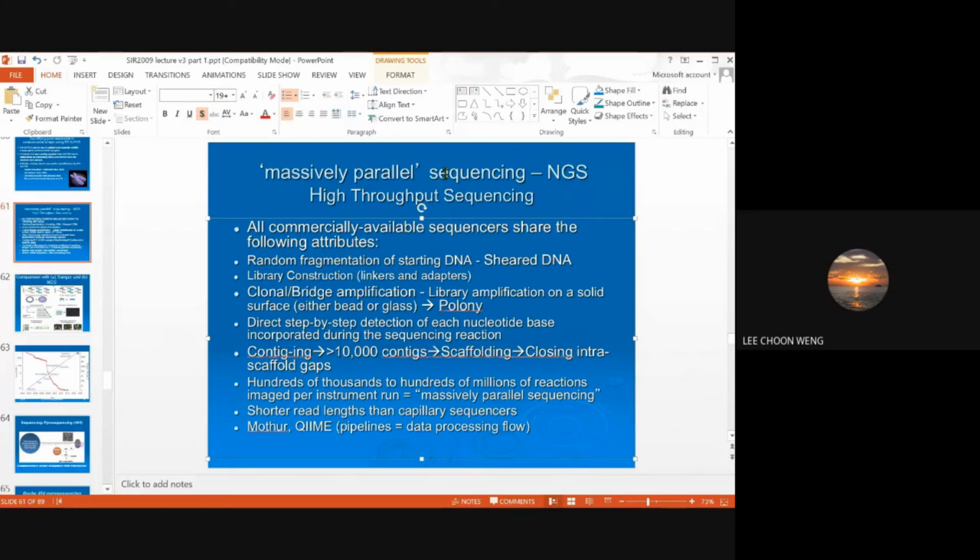So let's start by looking at the common attributes of high throughput sequencing. You have different platforms. The main ones that come to mind are Roche 454, Illumina MiSeq and HiSeq, Ion Torrent, and PacBio.